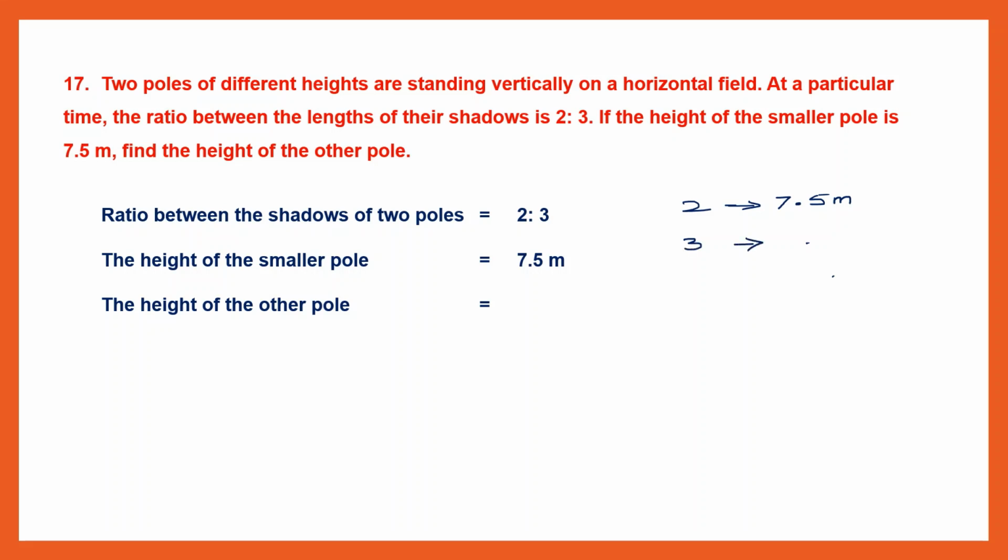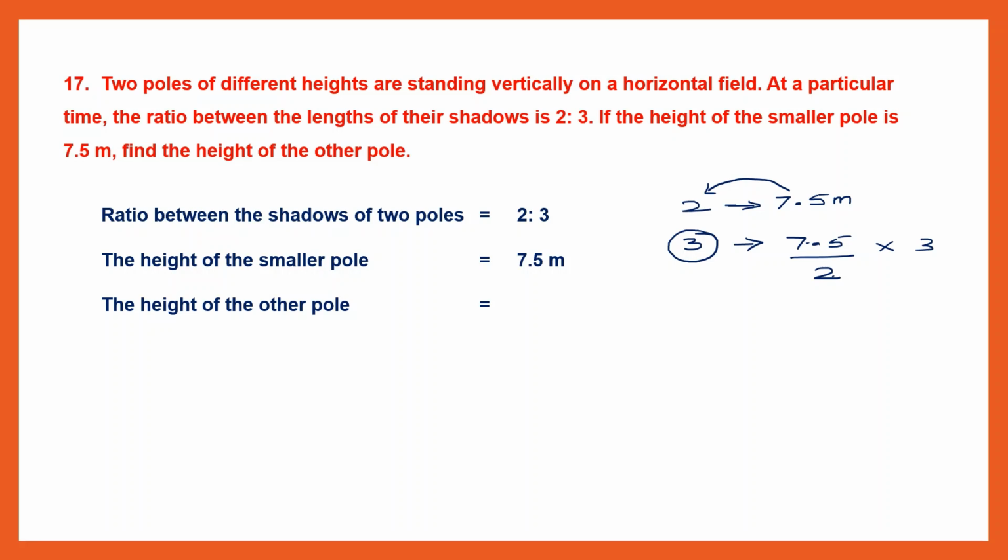This is our question. What is the height of the other pole? Here I'm using the unitary method. I'm going to take 7.5 divided by 2 and multiply by 3. Now we can multiply and find out what the answer is.